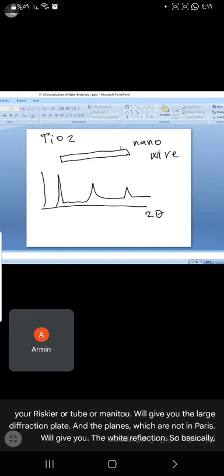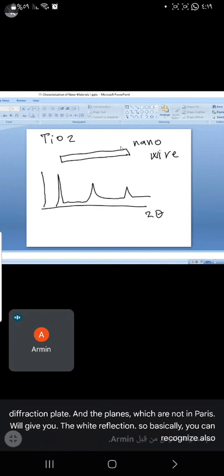So basically, you can recognize nanowires or nanotubes by X-ray diffraction.